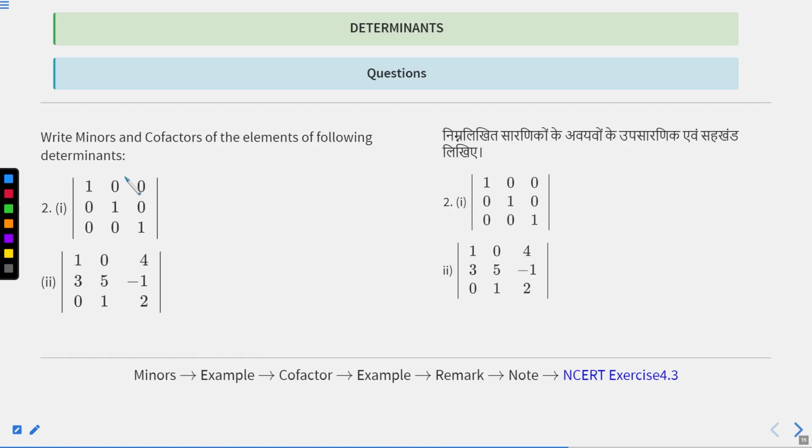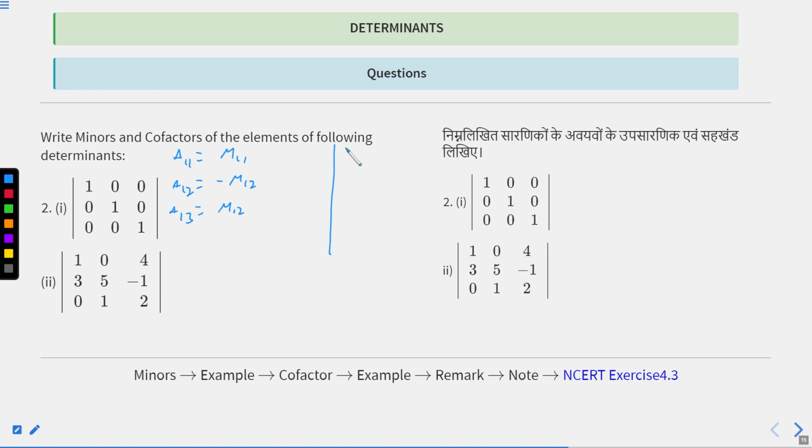Now here we also have to evaluate minors and cofactors. So simple. For this matrix, A11 will be M11. A12 will be minus M12. A13 will be M13.